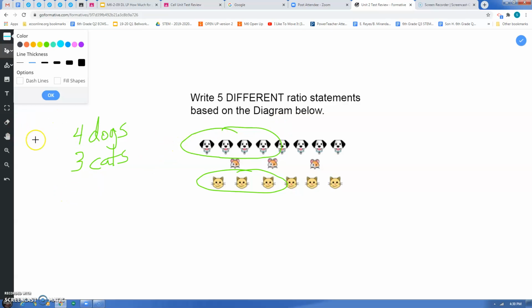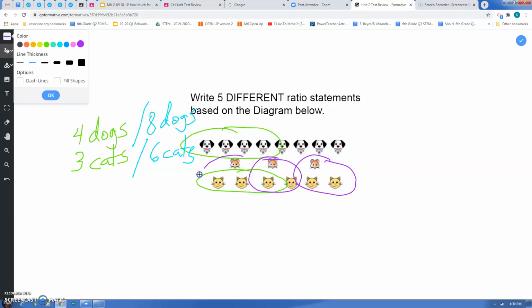8 dogs, 6 cats. So that's another ratio. Or I can do each pair right here, I can break it up into 2 cats, 1 hamster each, 2 cats, 1 hamster.